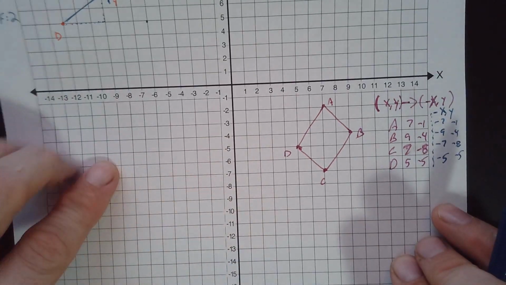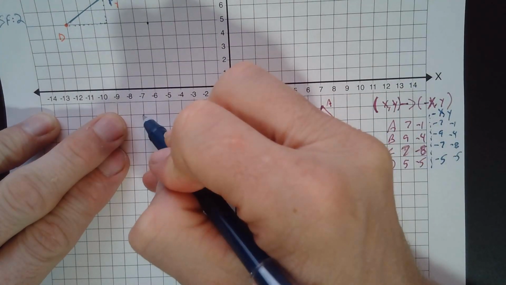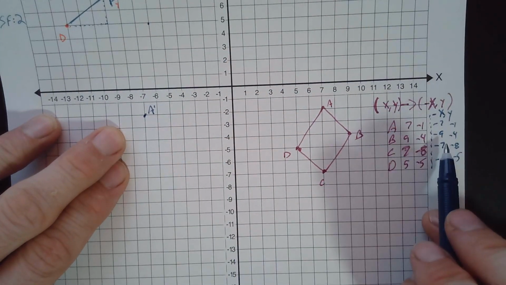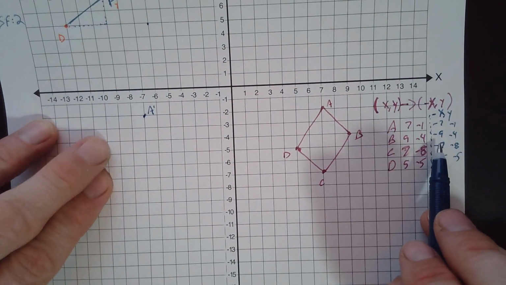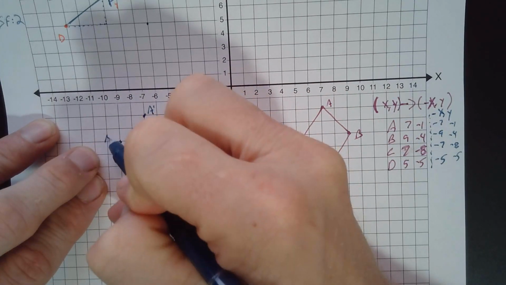Now I'm going to transpose all those. So my A is negative 7 and 1. That's A prime. And my B is negative 9 and negative 4. That's B prime.